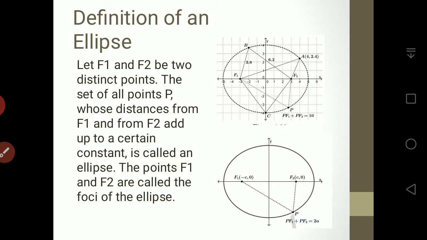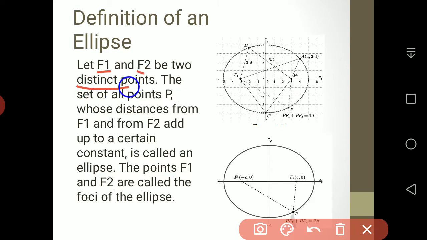By definition, let F1 and F2 be two distinct points separate from each other. The set of all points P whose distances from F1 to P and from P to F2 add up to a certain constant is called an ellipse.